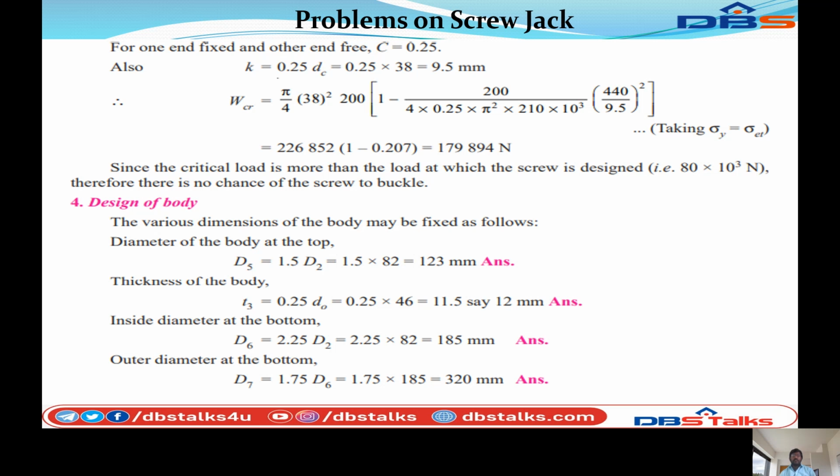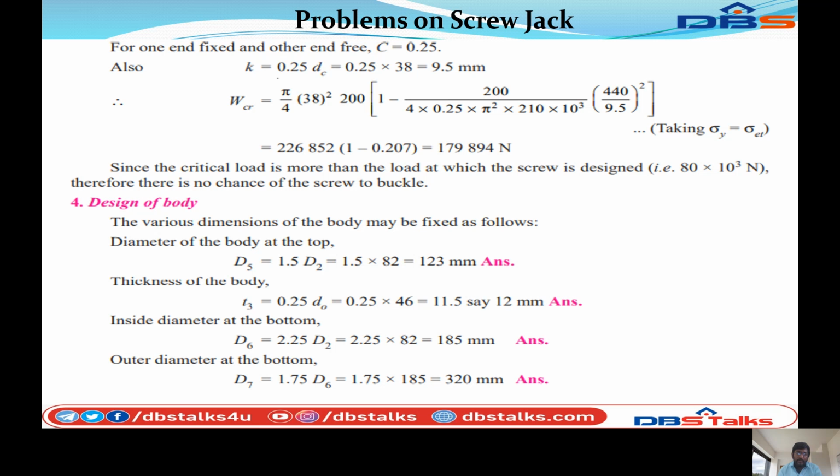Since the critical load is more than the load at which the screw is designed, that is 80 into 10 cube Newton, therefore there is no chance of the screw buckling.